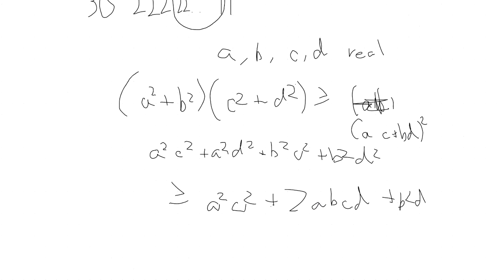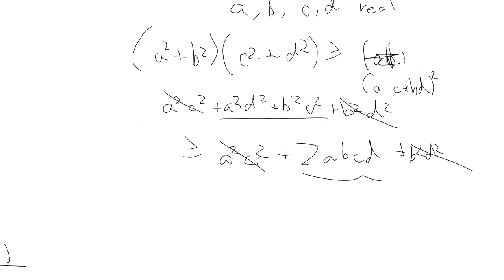Now, proving this, you can realize that these terms cancel out. That leaves you with this and this, and you simply complete the square. And then we get that it is in fact true.